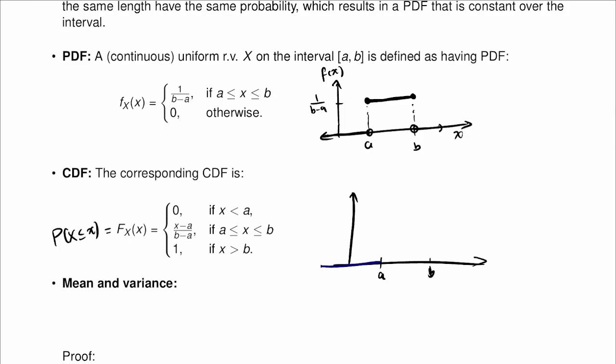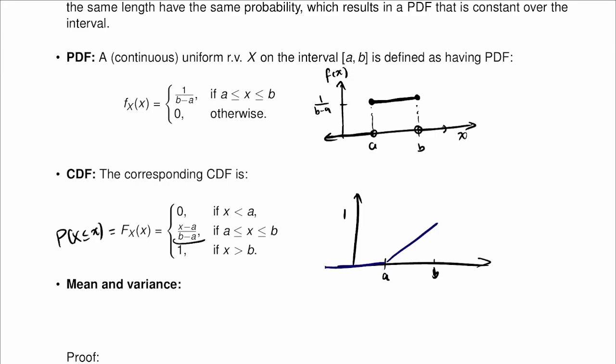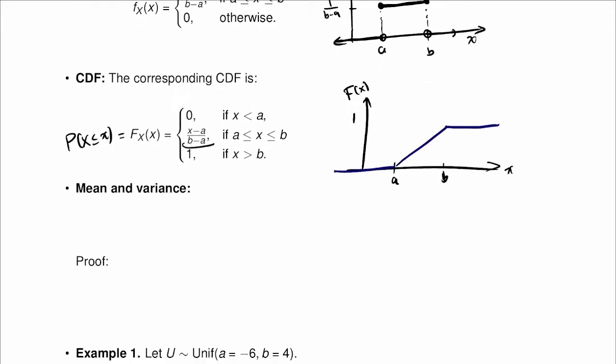This is a function of a line, and it's going to be something like this. When x is in b, the value is 1. For x being greater than b it is 1. So this is the CDF.